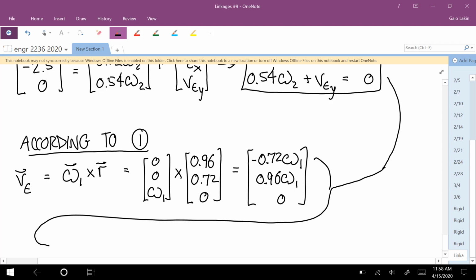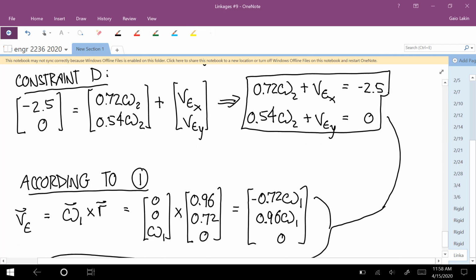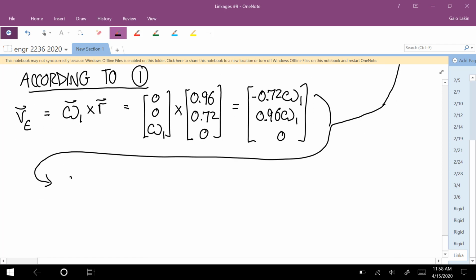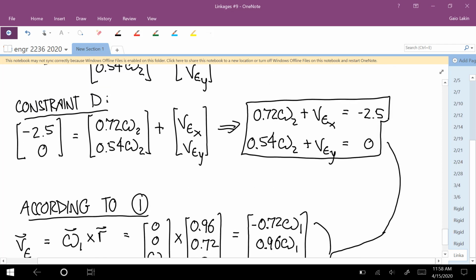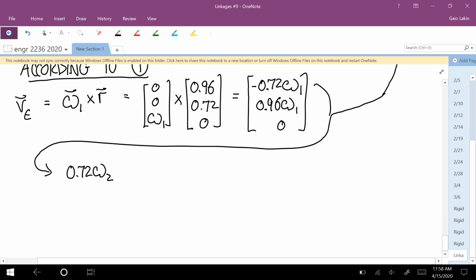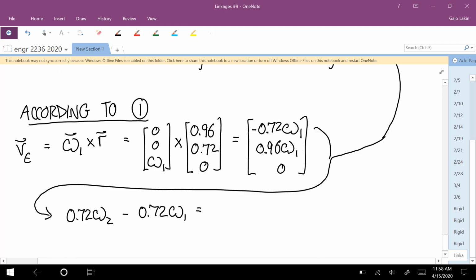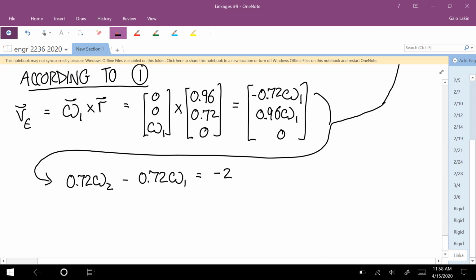I'm going to take these two things. And what we have is 0.72 omega 2 minus 0.72 omega 1 is equal to negative 2.5.